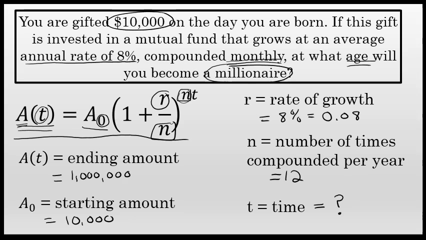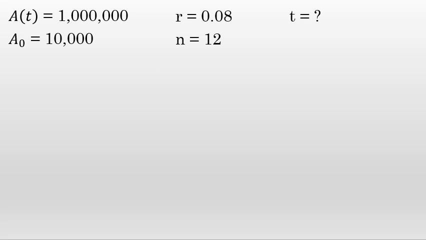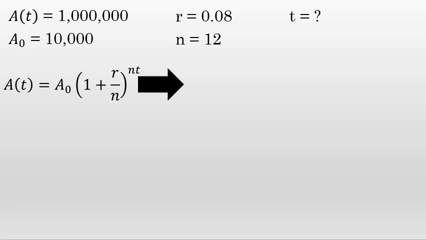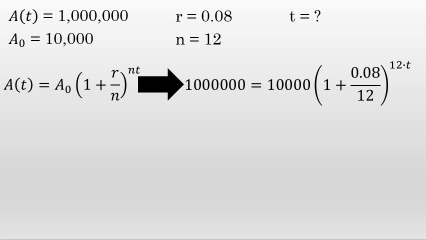Now that we have a value for all of the quantities in the compound interest formula, we'll simply substitute those into the formula. Substituting these values into the compound interest formula, we get an equation. 1 million equals 10,000 times the quantity of 1 plus 0.08 over 12, all to the power of 12 times t.